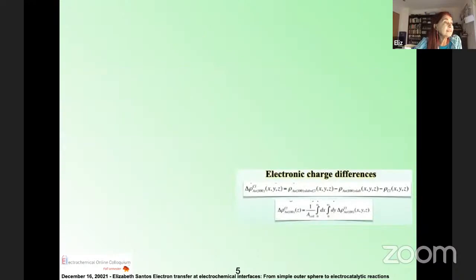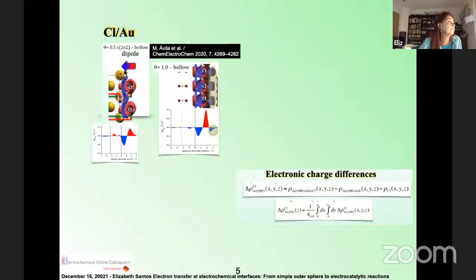In this sense, it's nice that from DFT we can calculate the electronic charge difference between the components of a system. For example, here is shown the adsorption of chloride on gold, and this is the charge distribution. Red is an accumulation of electrons, blue is a depletion, and we see how a sort of dipole is formed.